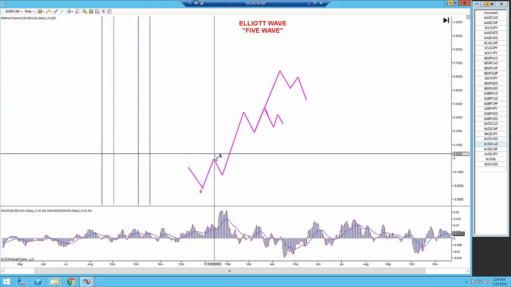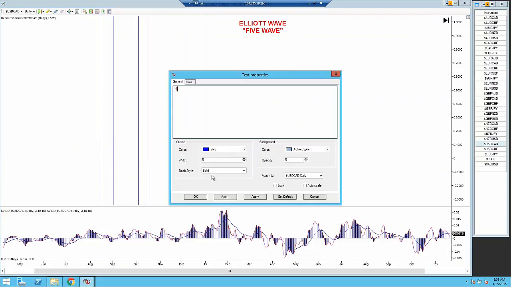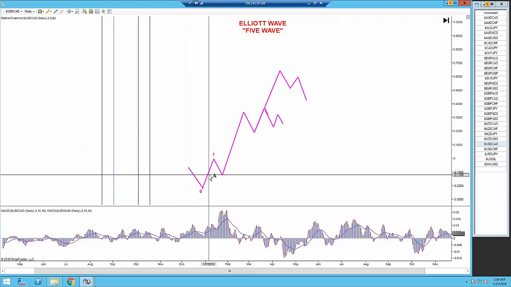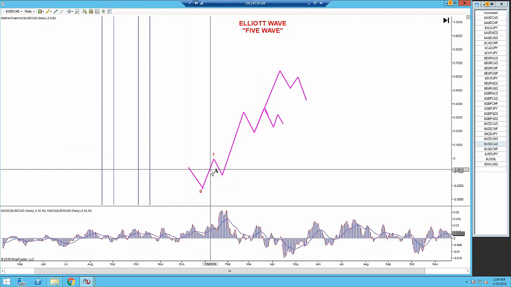And all you're doing is putting a 1. What we want to do is numeralize things. Charles Dow, the Dow theory, is written by a couple of guys here. Everybody has their own little version of it, but the Dow theory basically talks about the market in 3 different waves.